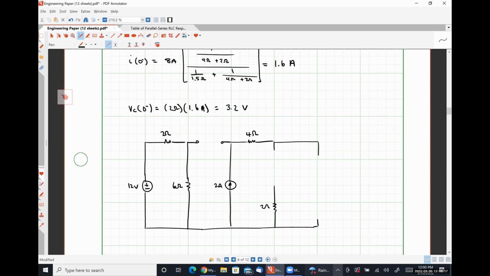All right, so let's talk about how we're going to represent our inductor first. How did we do it in Circuits 1? A current source having the same magnitude and direction as the inductor current at t equal to 0 minus. So that will be a 1.6 amp source, direction down.